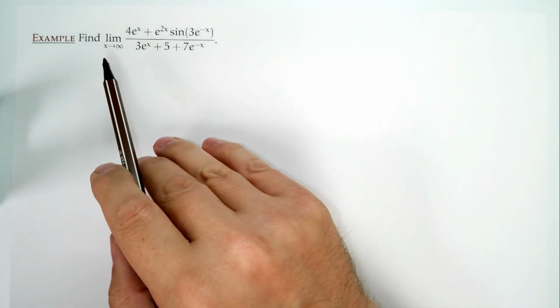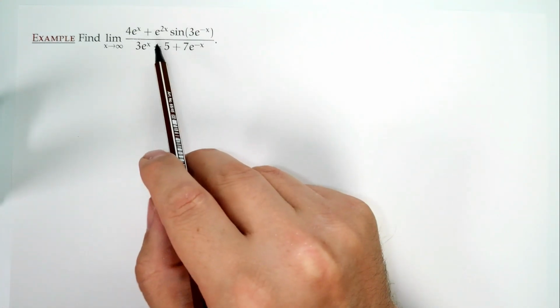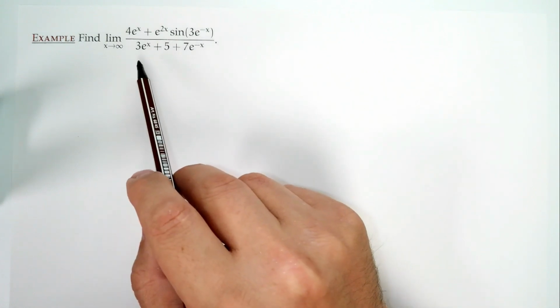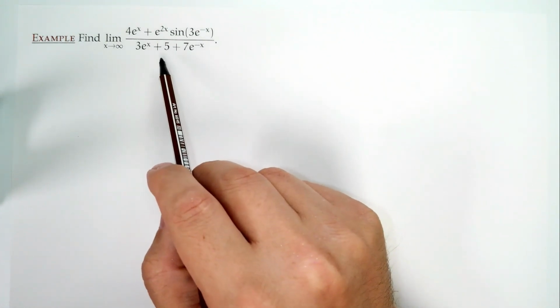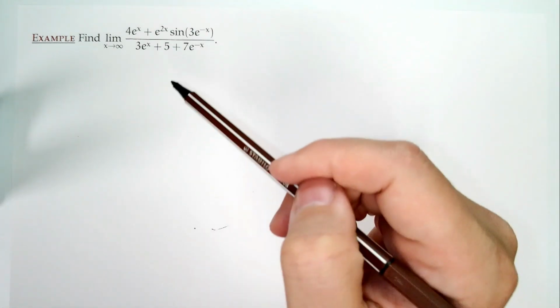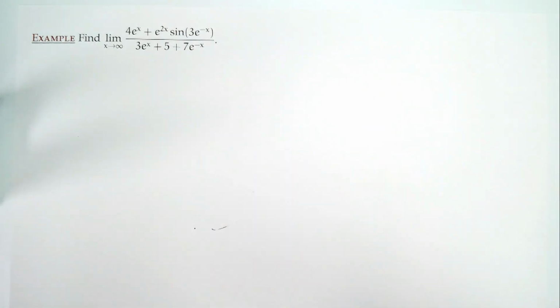All right, let's try another problem. Limit as x goes to infinity of 4e to the x plus e to the 2x, times sine of 3e to the negative x, divided by 3e to the x plus 5 plus 7e to the negative x. Now, probably the weird thing here is this sine of 3e to the negative x, and how do we handle that?